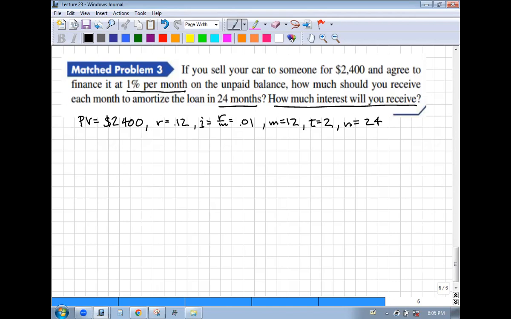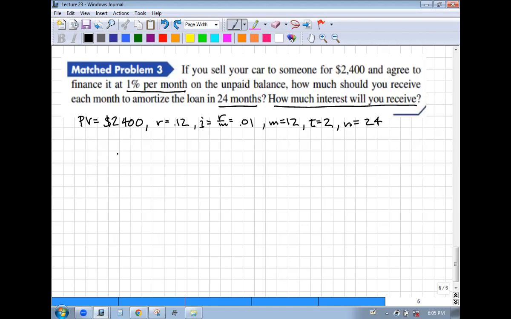So first we have to figure out what the payments are, right? So we can figure out just how much gets paid over the 24 months, because they're going to make 24 payments, and that's going to cover the 2,400 plus interest. So we need to figure out what the payments are and add those all up to figure out the total amount that they're giving us.